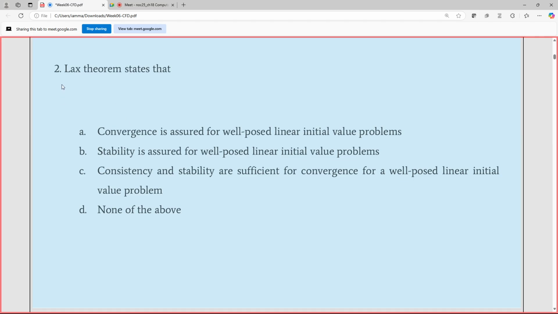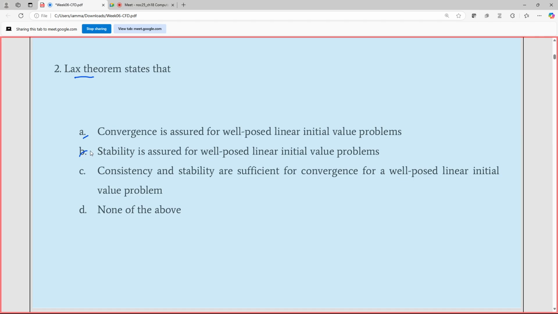Moving on to the next question. This question is on the Lax theorem. Which of the following statements best suits the explanation for the Lax theorem? Option A, convergence is assured for a well-posed linear initial value problem.